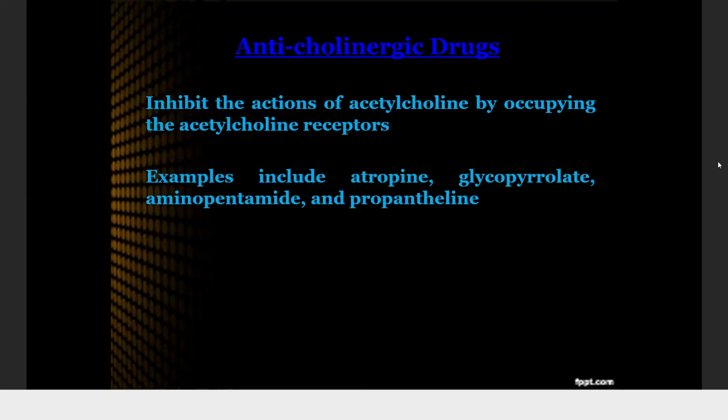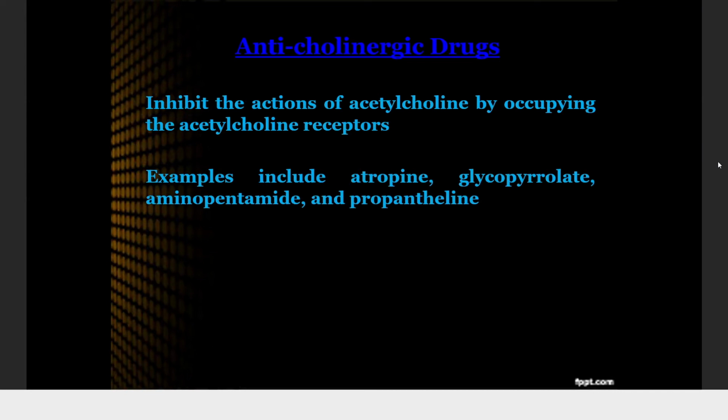So atropine is the most common. Atropine is highly soluble in water. Acetylcholine receptors have two types: the M cholinergic receptors and the N cholinergic receptors.